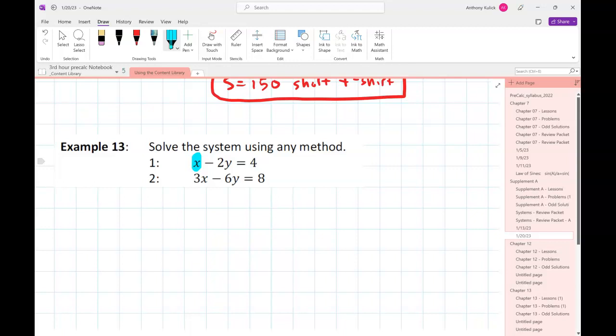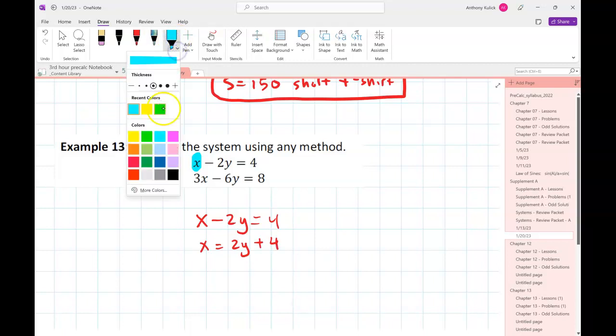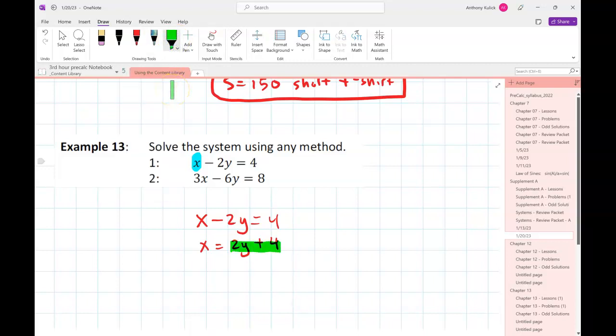Everybody happy with that? So say you want to do it as a substitution problem. You don't have to do it that way, but maybe you said, oh, I see a coefficient of 1. That seems tailor-made for substitution. So now that we have this, we'll just plug it into the second equation.